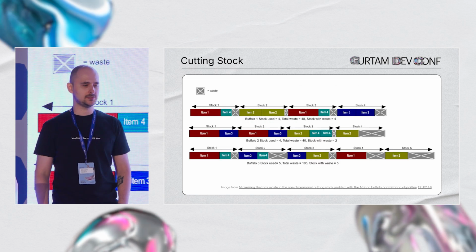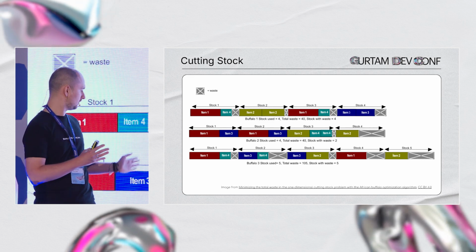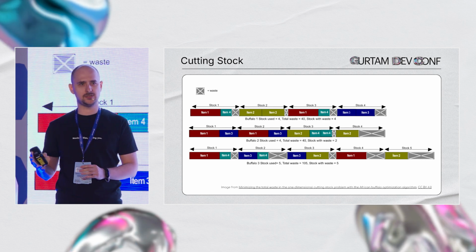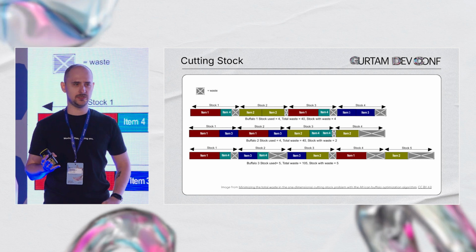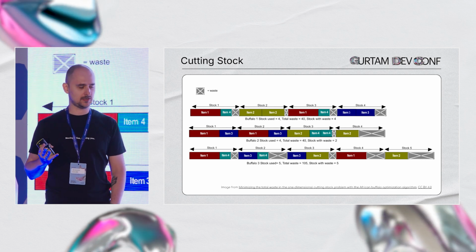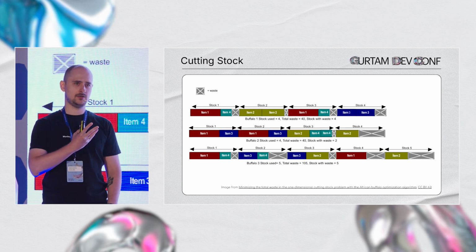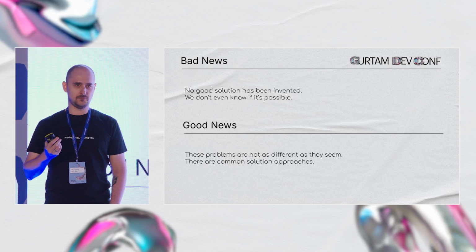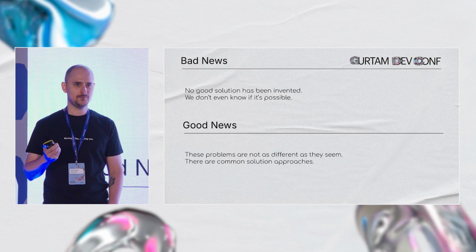Or, for example, the cutting stock problem, where you need to produce some number of items with the minimum waste material. This is also similar to the bin packing problem and other problems like this. These are all optimization problems. And if you have one of these problems, I have bad news and good news for you.